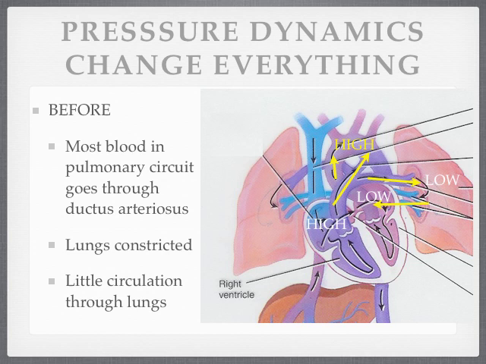The ductus arteriosus then, in the next moment, is going to close, and that's going to change the pressure dynamics that we've dictated here. If the ductus arteriosus closes and does not allow blood to flow into the aorta from the pulmonary trunk, all that blood is going to have to go through the lungs, and that's going to change the pressure dynamics. Let's see what that would look like.